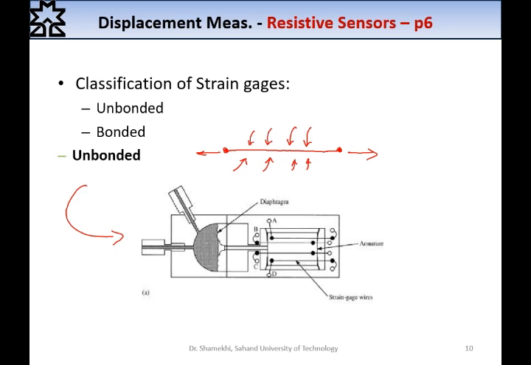Let us discuss this sensor. We have 4 strain gauges. Strain gauge A and strain gauge D are similar, and strain gauge B and C are similar together.